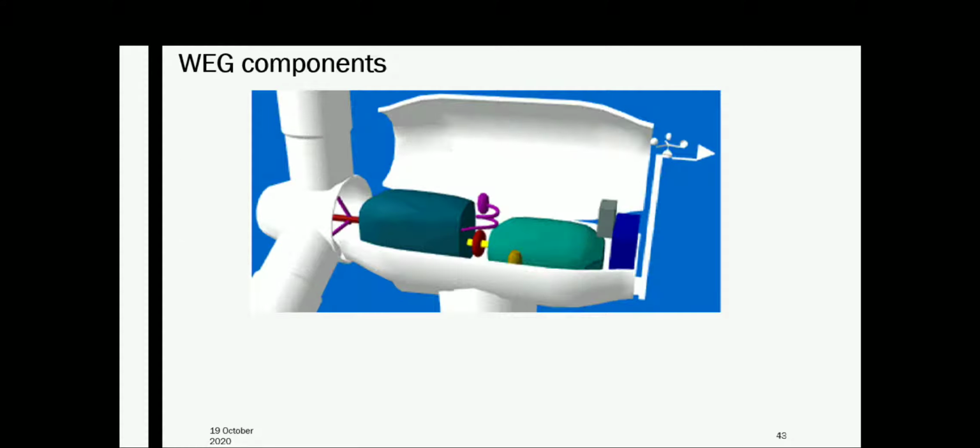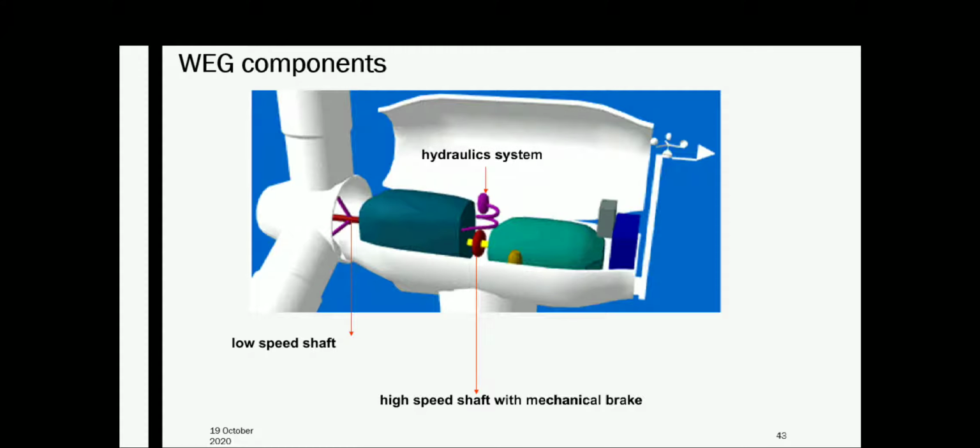Let's see what the components of wind energy generating systems are. You can see various components: the low speed shaft, the high speed shaft with a mechanical brake, and the hydraulic systems associated with the wind energy conversion system. Then the nacelle, which accommodates the transmission mechanisms and generators.